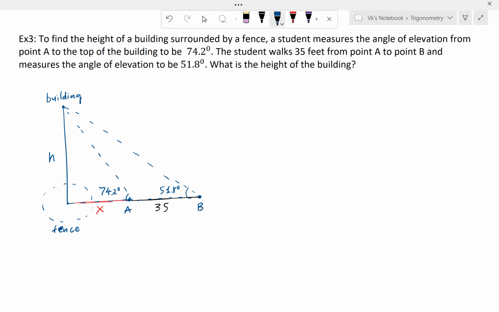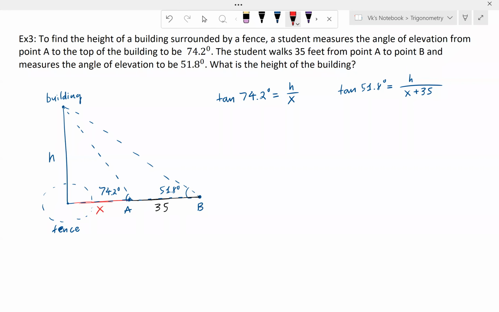The first equation is tangent of 74.2 degrees is h over x. The second equation is tangent of 51.8 degrees is h over x plus 35.